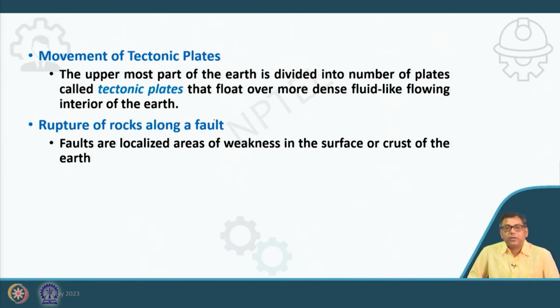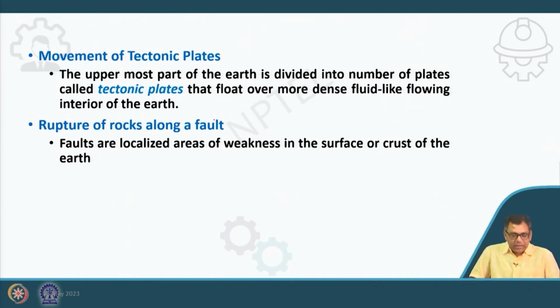Those plates are called tectonic plates, and they float over a more dense fluid-like flowing interior of the earth. So the uppermost part of the earth is divided into a number of plates, and those plates are moving over the dense fluid-like flowing interior of the earth. Because of this plate movement, this is one of the major causes of earthquake.